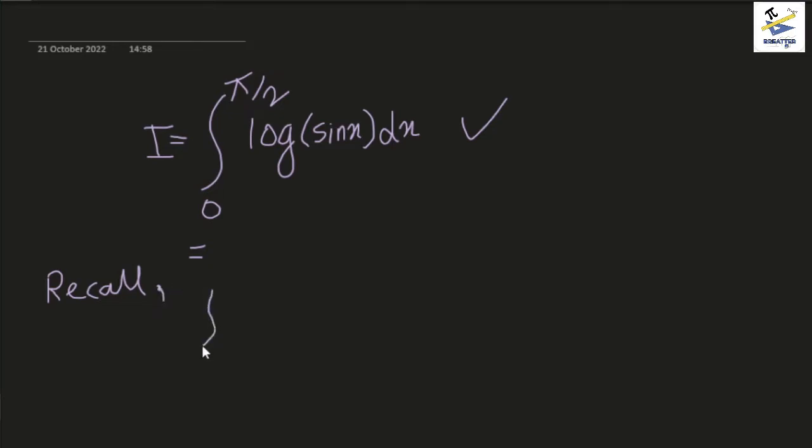So recall that the integral from a to b of f of a plus b minus x dx is equal to the integral from a to b of f of x dx.